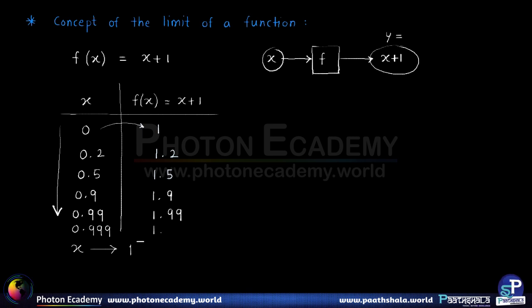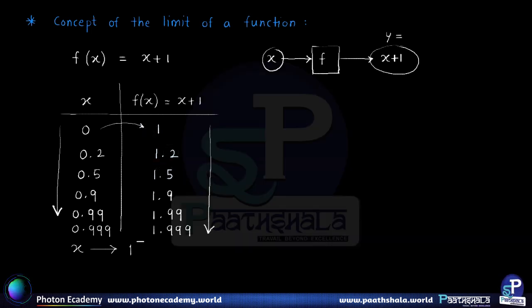For that, the function will become 1.999. So if you observe closely, as x becomes closer to 1, f of x becomes closer and closer to the value 2, isn't it?